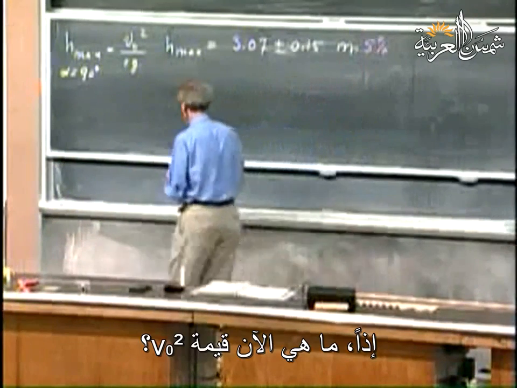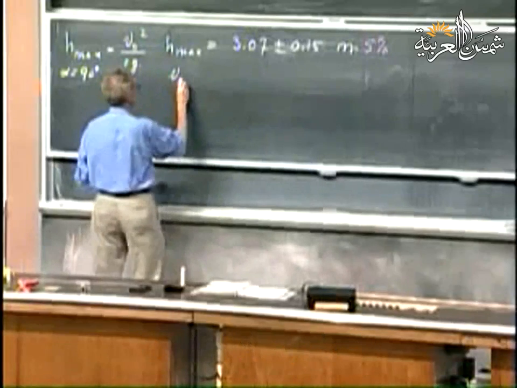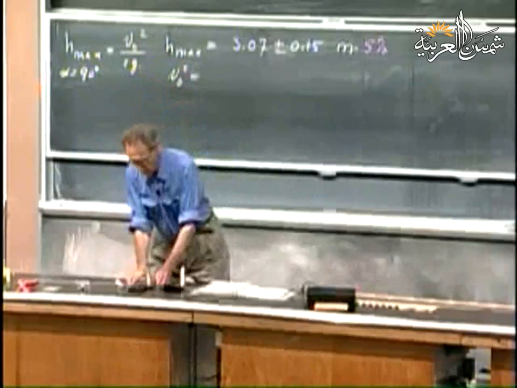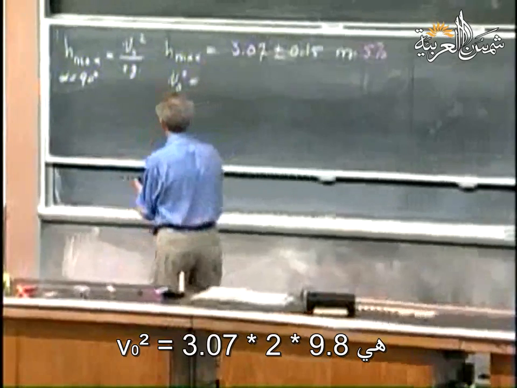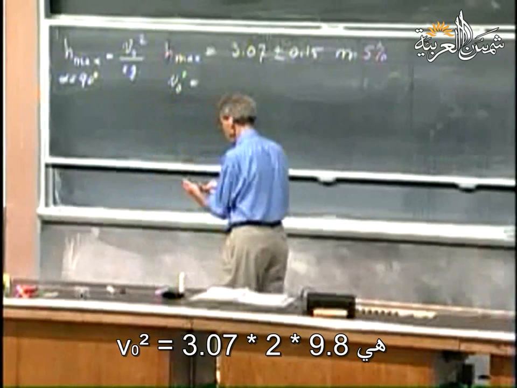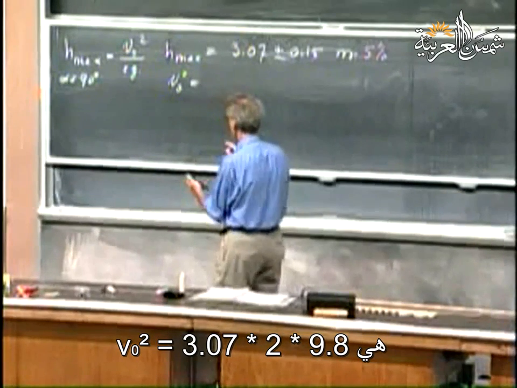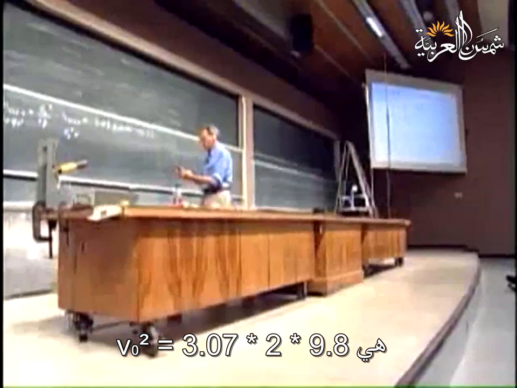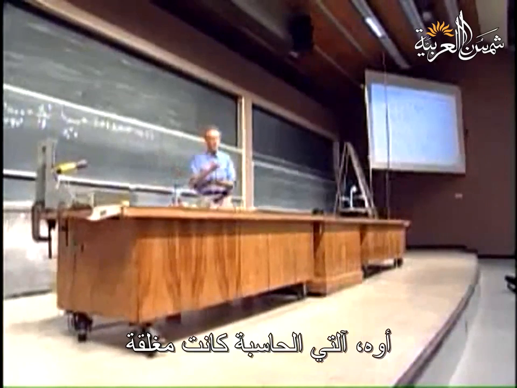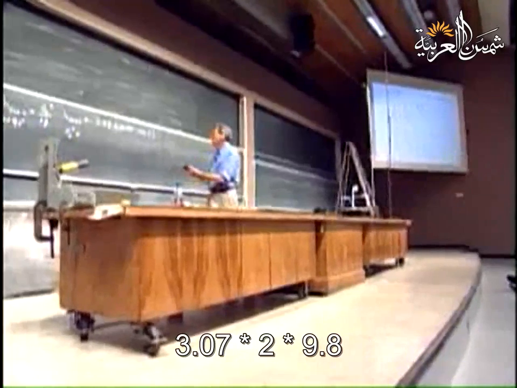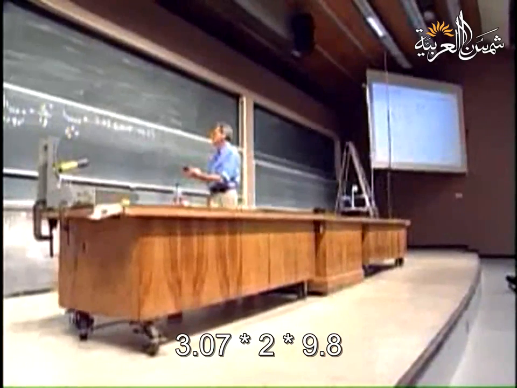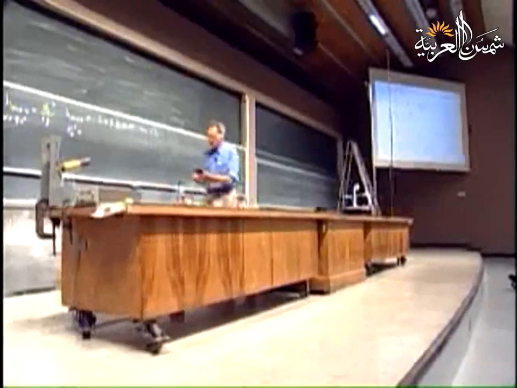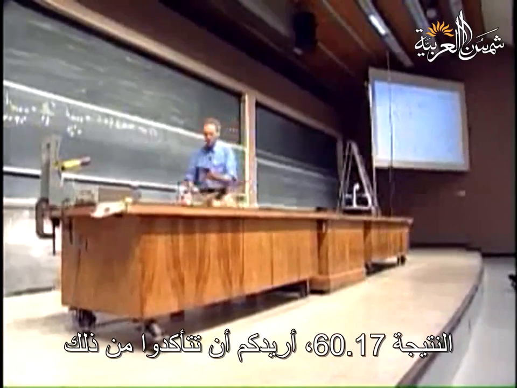So what now is V0 squared? Well, that's easy to calculate now. V0 squared equals 3.07 times 2 times 9.8. Oh, my calculator was off. That's a detail. 3.07 times 2 times 9.8. That is 60.17.